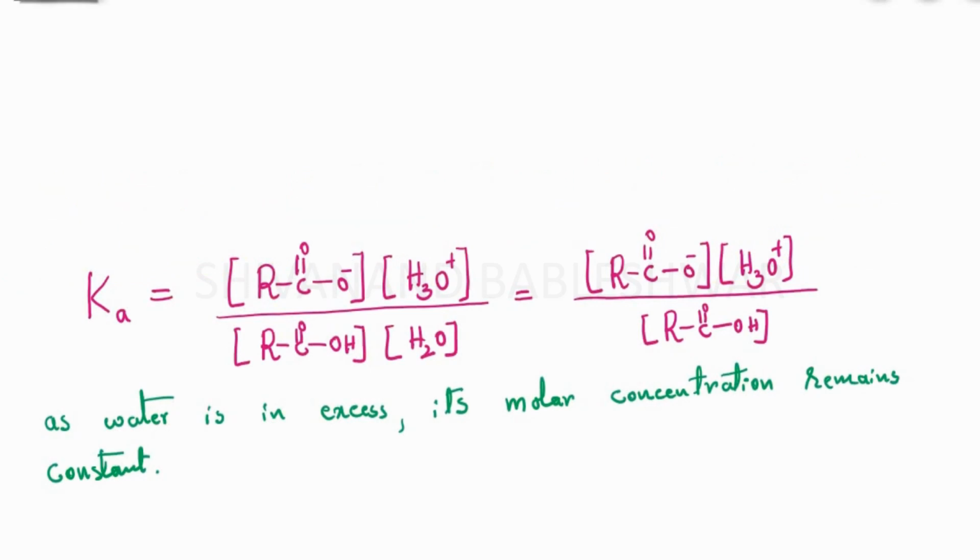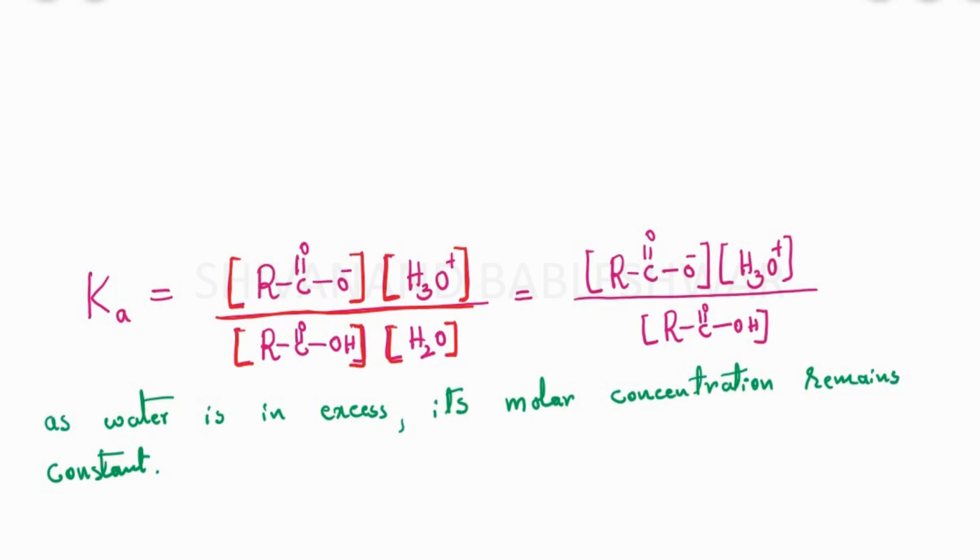Now let us try to understand what this Ka actually is. Ka is the ratio of molar concentration of products divided by molar concentration of reactants. In the first reaction I have taught you that carboxylic acid will give H plus ion to water, right? So these are the products.